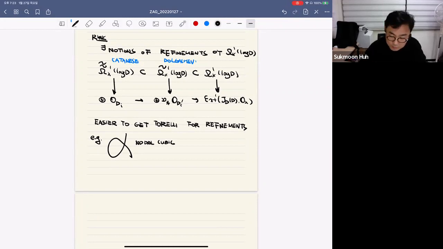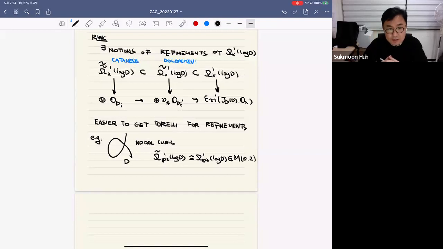So for example, if you do some computation for Dolgachev's and Deligne's notions, they are isomorphic to each other. And in fact, this is a stable vector bundle on P2 with first Chern class 0 and second Chern class 2.